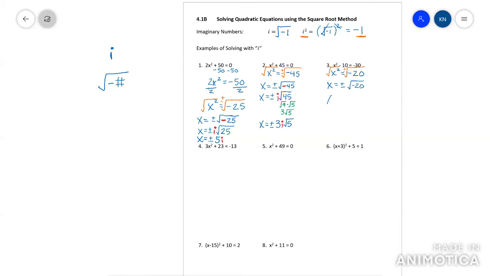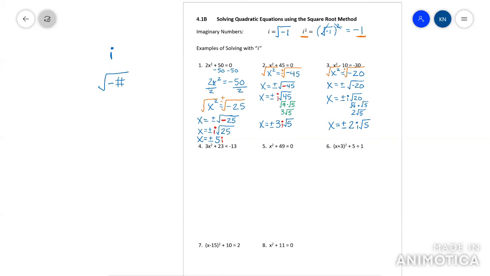Take the i out. Break down your root 20. So that's root 4 times root 5, which is 2 root 5. So my answer would be x equals plus minus 2i root 5. The i is there anytime there's a negative root.